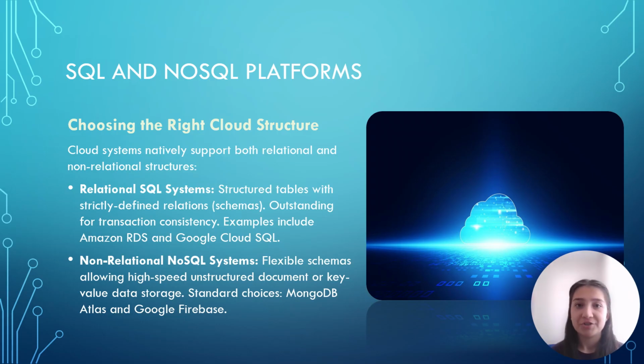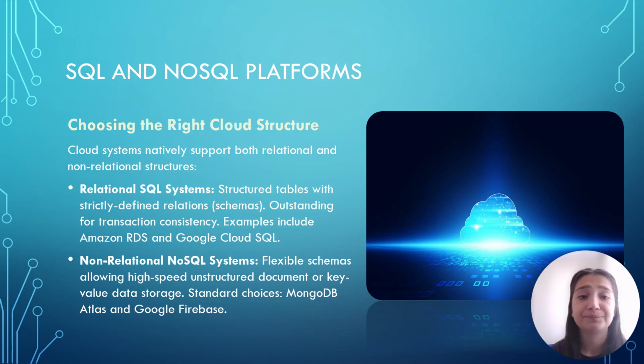Just like traditional databases, cloud databases come in different types depending on how data is structured. First, we have relational or SQL databases in the cloud. These use structured tables with fixed rows and columns, very similar to what we see in tools like MS Access or MySQL. Examples include Amazon RDS and Google Cloud SQL.